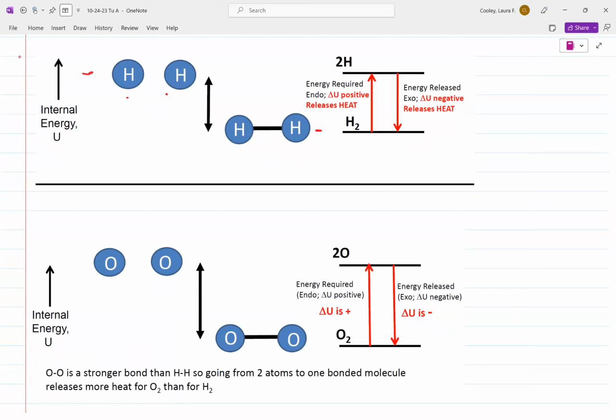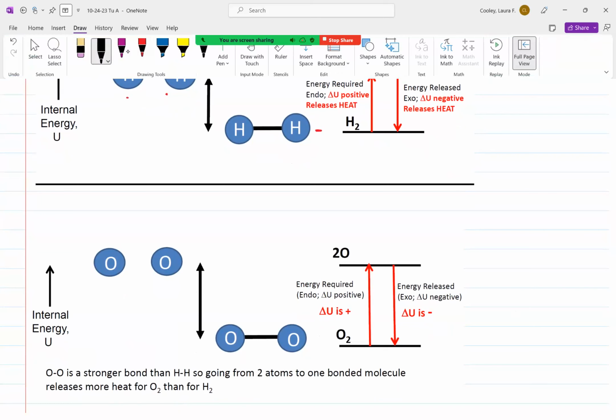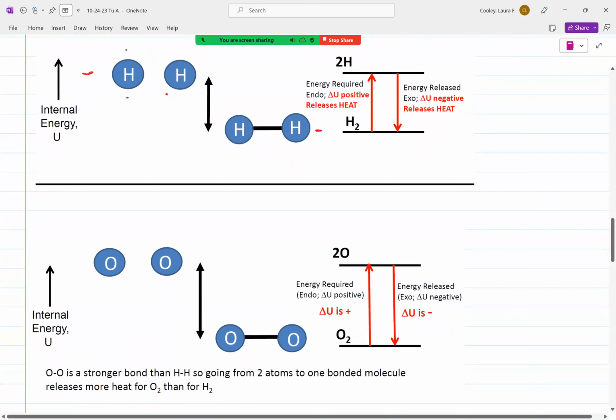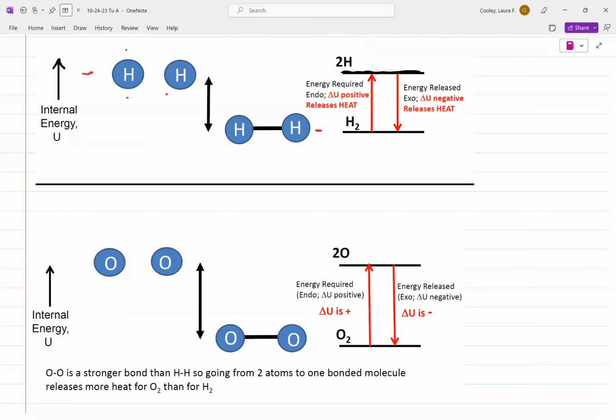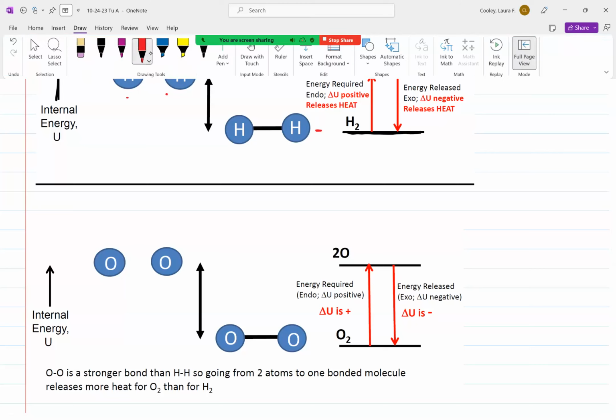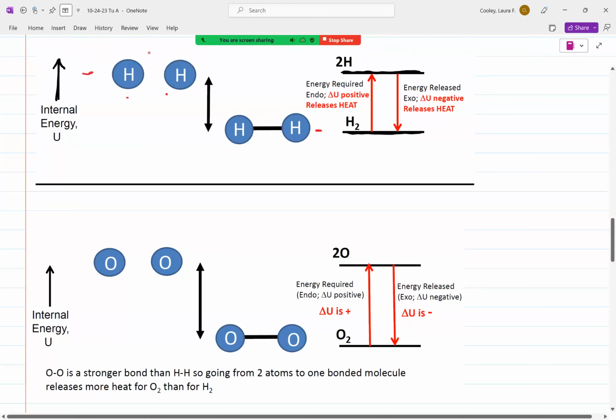But what you can see here, and this is another way we illustrate this all the time, is we draw two levels. We draw a level up here for the separated hydrogen atoms, which have a higher internal energy, and this is lower internal energy. We always start the arrow at the reactants.